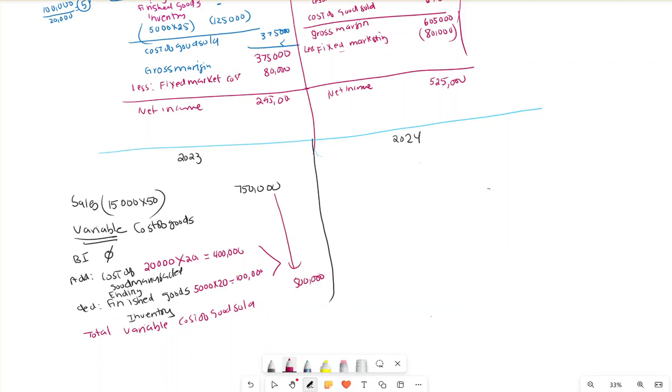Difference between those two numbers will be giving me a contribution margin. So contribution margin, that will be my 250,000.